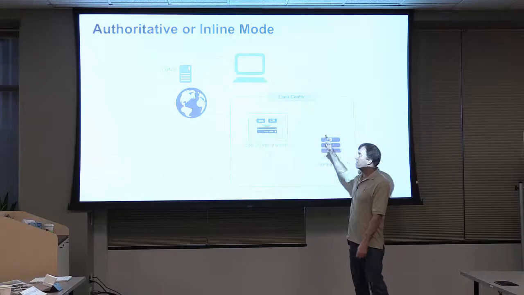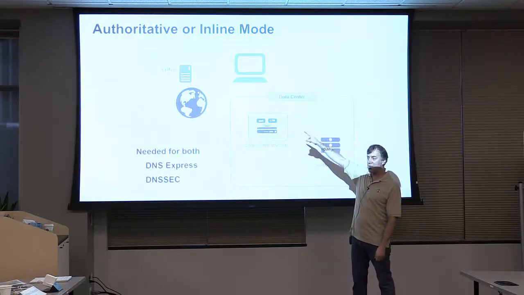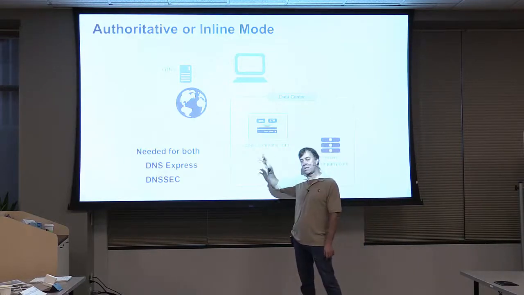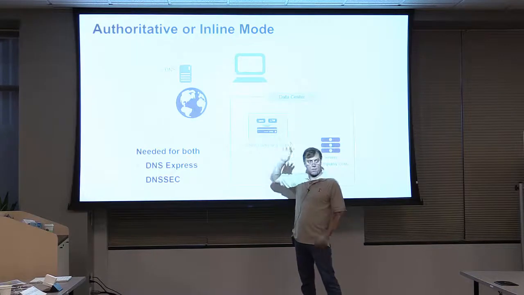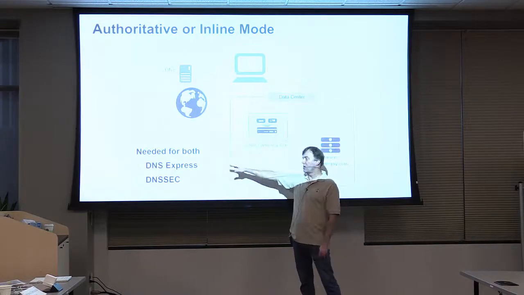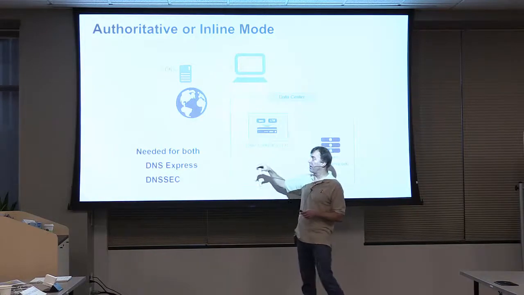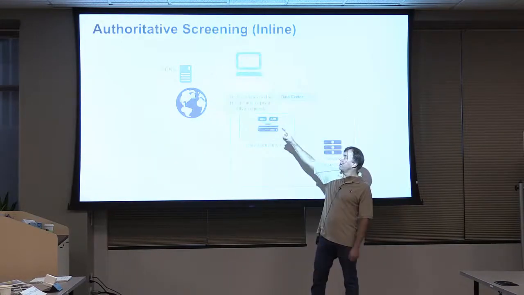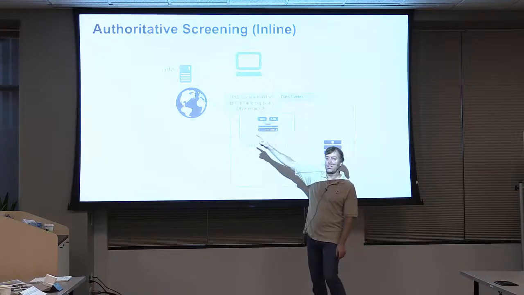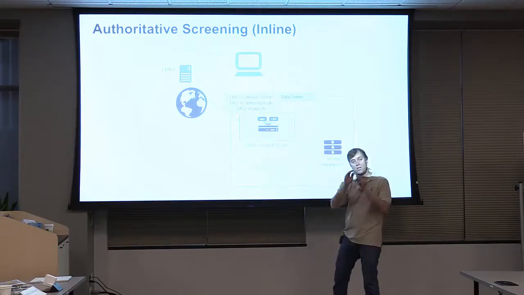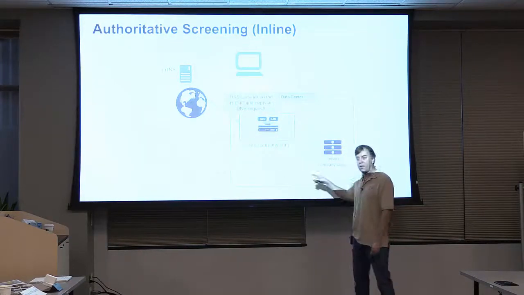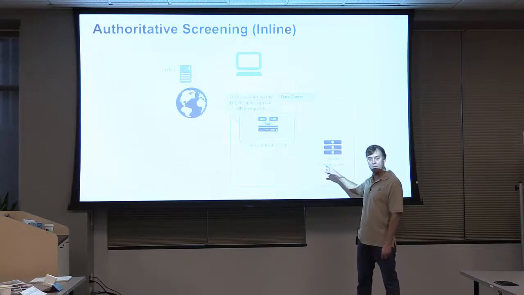So here's how this would work. Ask the local DNS that you have to have this particular setup, be running in this mode, to do either DNS Express or DNSSEC, some of the security things that we'll talk about here in a second. So ask the local DNS, right? Local DNS then sends the query to where he thinks the bind servers are, right?